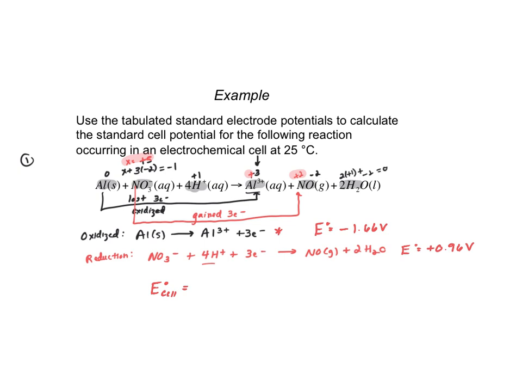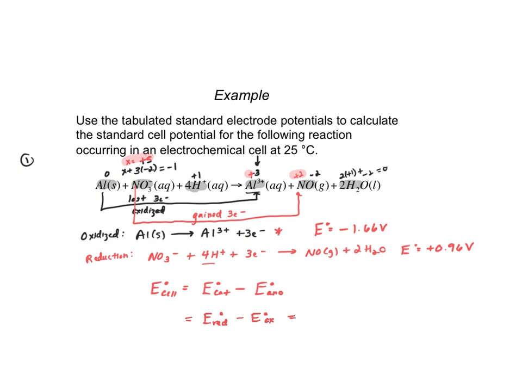So now all we need to do is take the reduction potential of the cathode and subtract the reduction potential of the anode. Again, what happens at the cathode? What particular process? Which half reaction occurs at the cathode? The reduction process. So you could also look at this as the reduction potential of the reduced one minus the reduction potential of the oxidized half reaction.